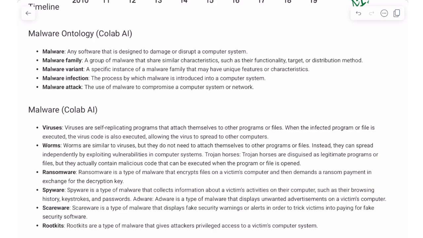But after that, the hackers will try to manipulate or modify its code and generate new malware samples, and so on and so forth.